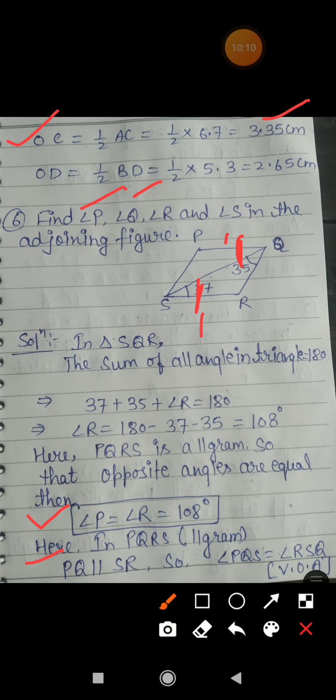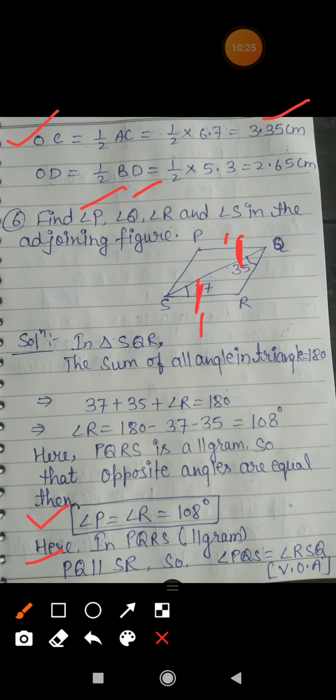In class 7th you learned the property of vertical opposite angles and linear pair angles. Here this is not a vertical opposite angle, this is an alternate interior angle. You have to cut these things and write here alternate interior angle.